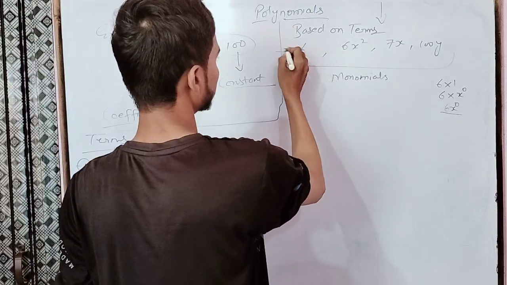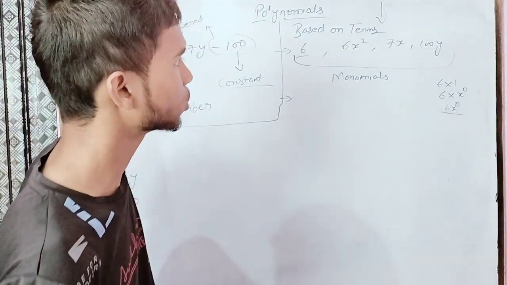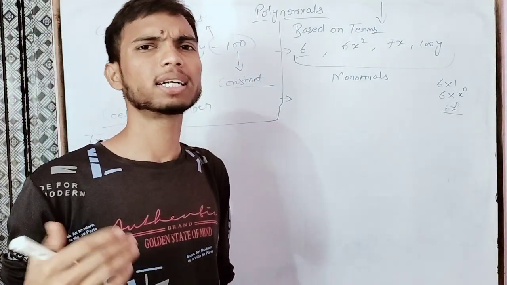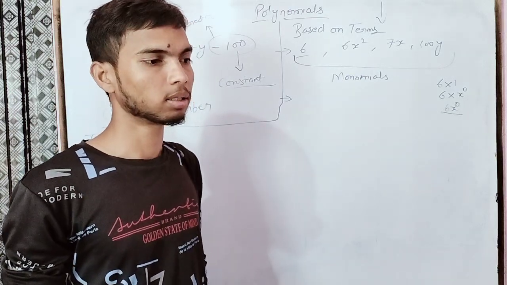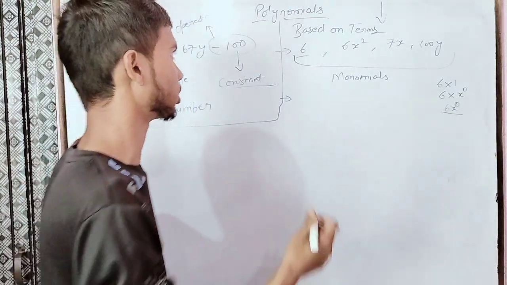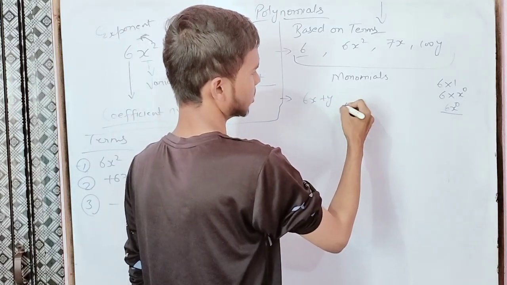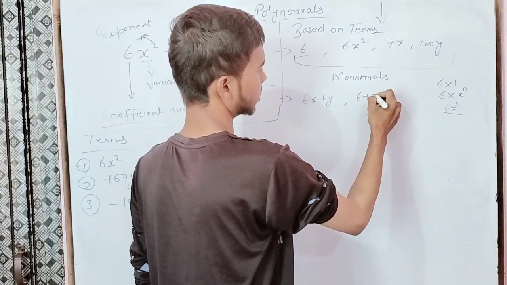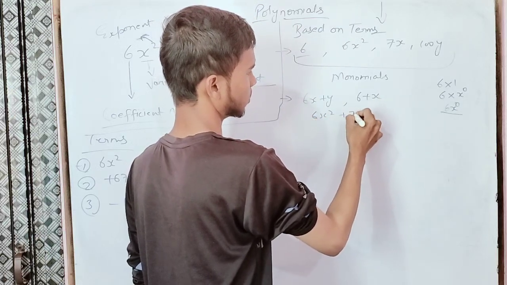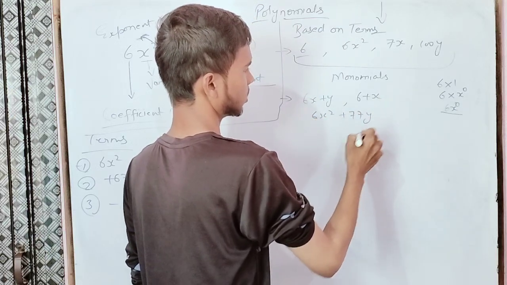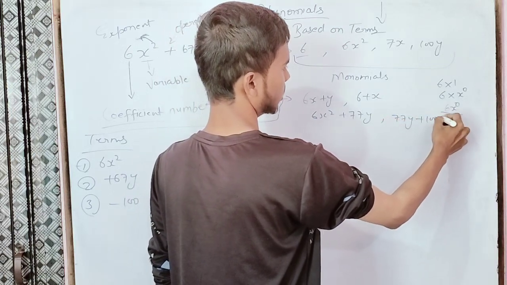Now next, if there are two terms, then those will be considered as, I think no, not quadratic, binomial. For example, 6x plus y, 6 plus 8 like that, 6 square plus 27y, 77y plus 100x square.